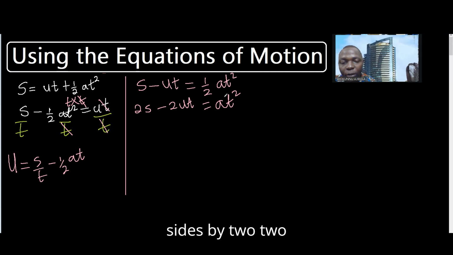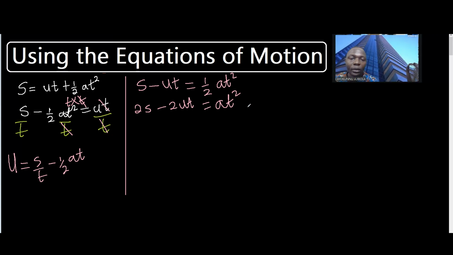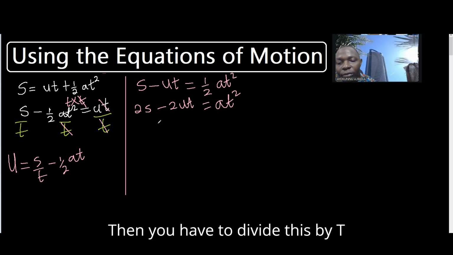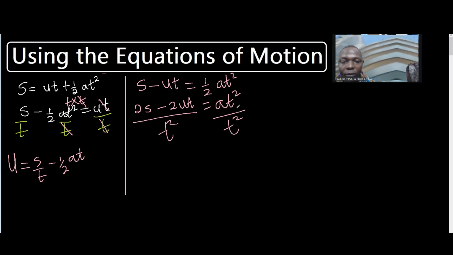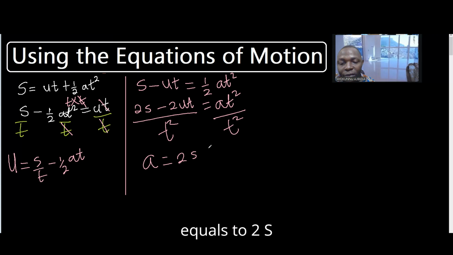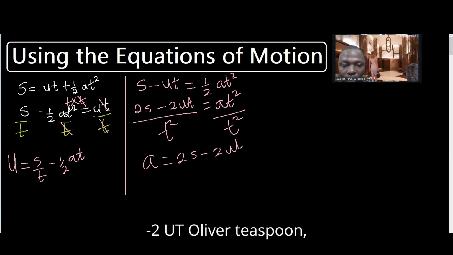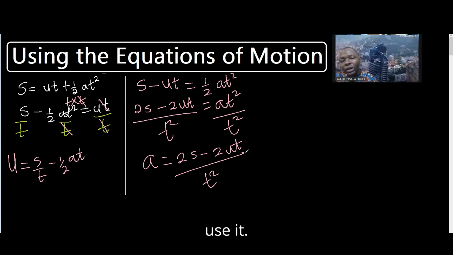If you multiply both sides by 2, 2 will cancel this one. Then you have to divide this by T squared. So you have A equals 2S minus 2UT all over T squared. So you can also use it.